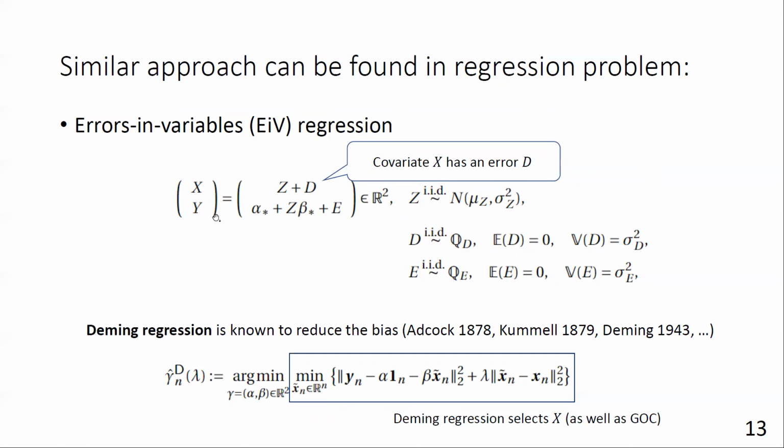Then the classical Deming regression, proposed roughly 150 years ago, considers maximizing the log likelihood and then defines the Deming regression estimator like this. As you can see, the Deming regression estimator considers a regression to predict Y from the selected representative tilde X that is selected near the observation X. So our method can also be regarded as a clustering version of this kind of Deming regression.